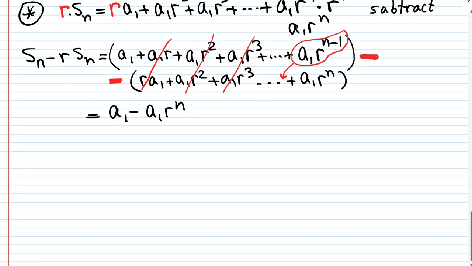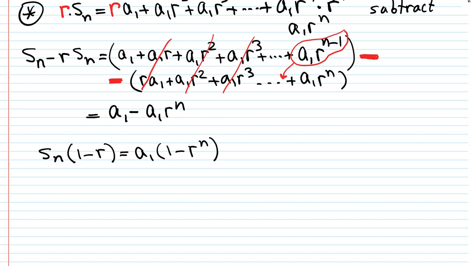And almost done. On the left, we can factor out the nth partial sum, S sub n. We get 1 minus r. And on the right side, I can factor a sub 1. And from this, the nth partial sum is going to be a1 times 1 minus r to the n, divided by the coefficient on the left, or 1 minus r. And we have our formula.